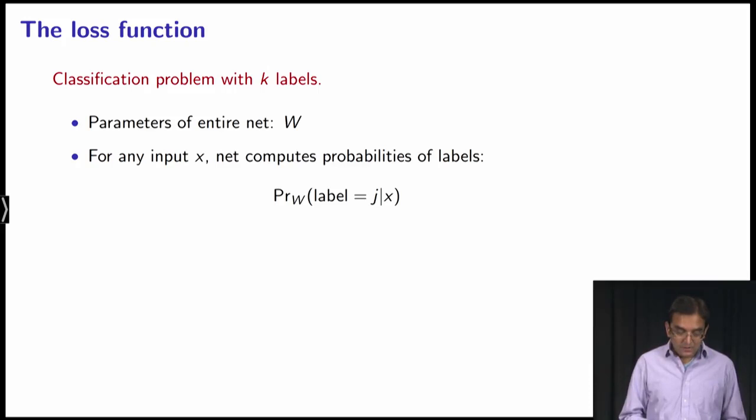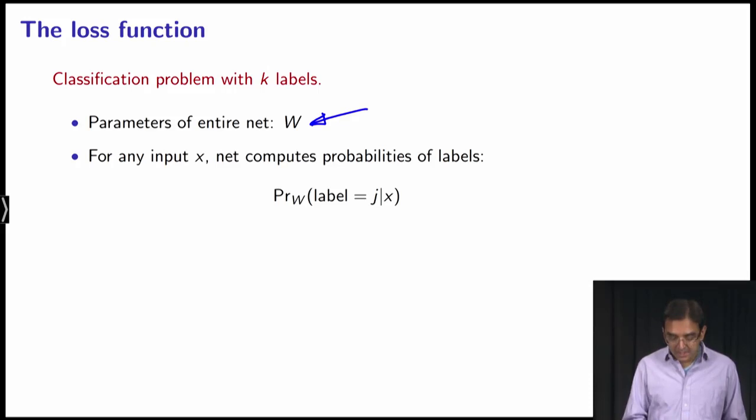Okay, so the parameters we want to learn are the parameters of the entire net, the parameters that specify all the different linear functions, the linear function at each and every different node.